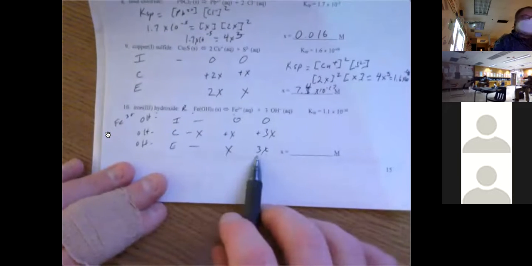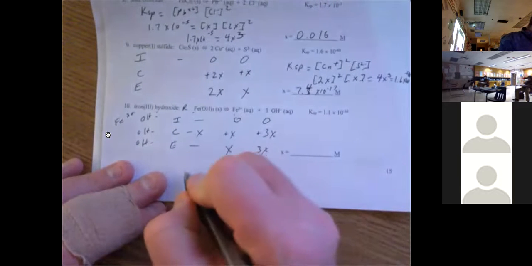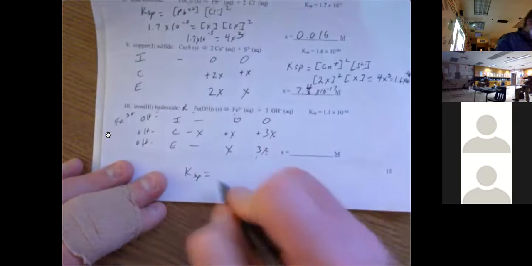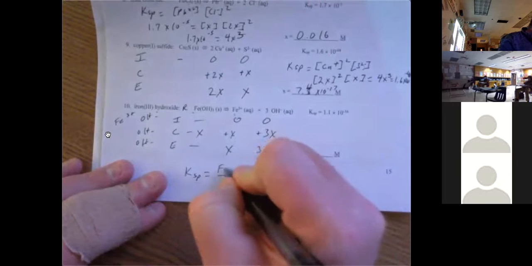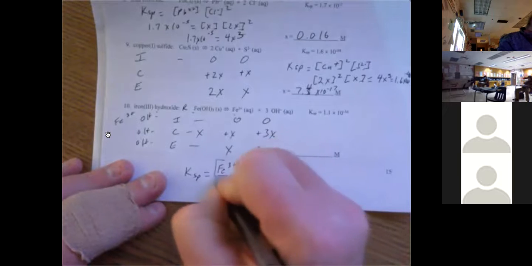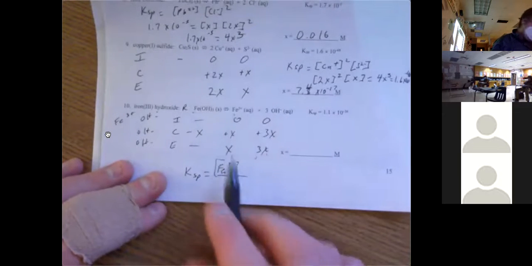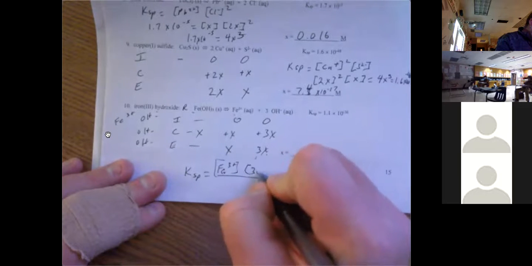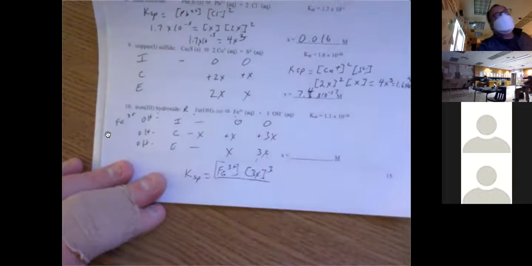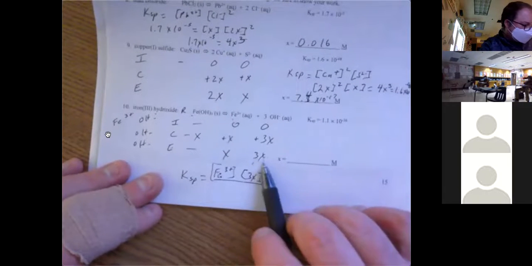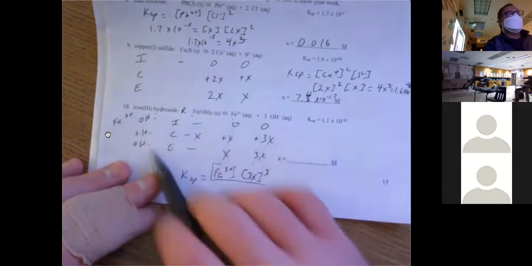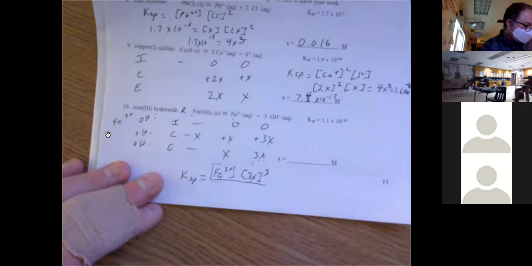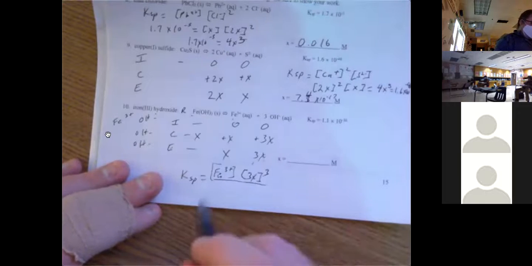These are the concentrations. So we know that K, in this case the solubility product constant, is equal to products over reactants. So we have the concentration of this guy times the concentration of this guy cubed, because for every one of these, we get 3 of these guys. And keep in mind, we cube it. So what do we get here?